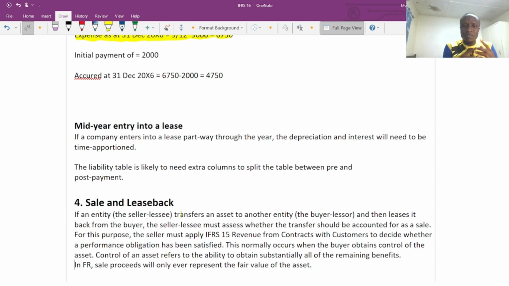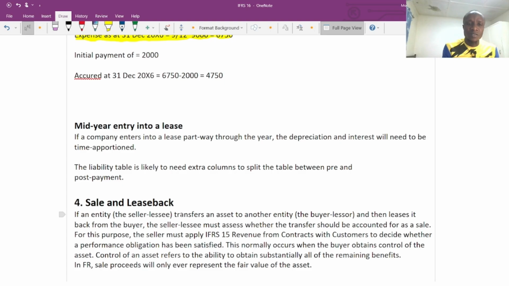What I'm saying is that if we are going to calculate the depreciation, we need to ensure that we prorate it. Also, we are going to prorate the interest. So don't forget these two elements. We prorate the depreciation and the interest based on the period for which we are preparing the financial statements.